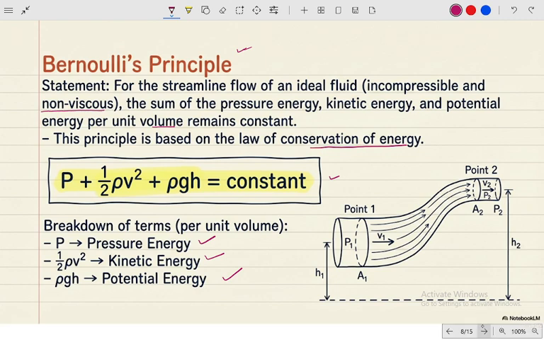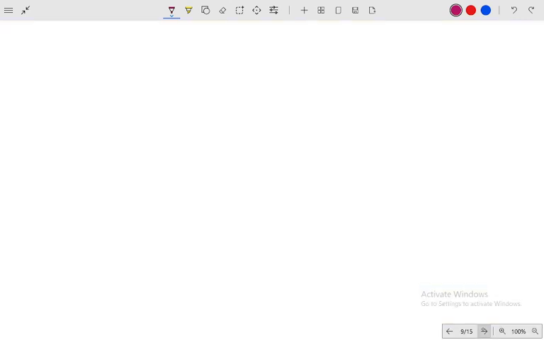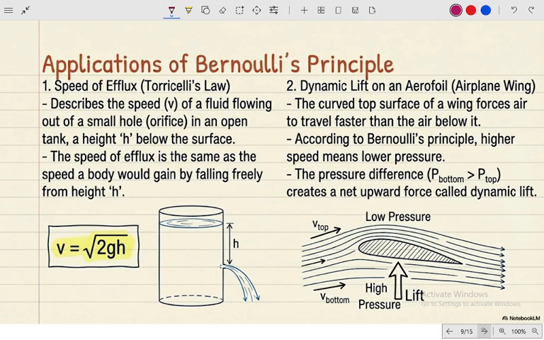The next one that we are going to deal with is the applications of Bernoulli's principle. What is that application? Now we'll find the speed of efflux, or Torricelli's law. It describes the speed of a fluid flowing out of a small hole, an orifice, in an open tank, at a height h below the surface.